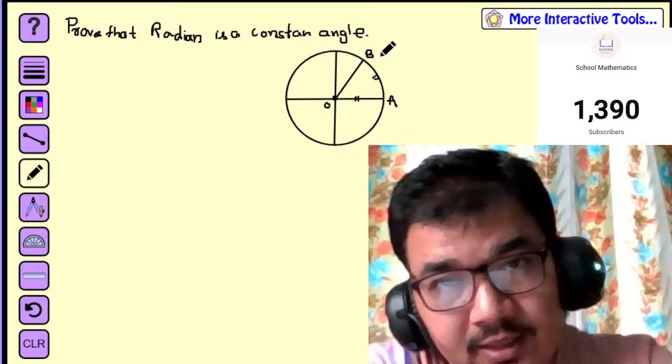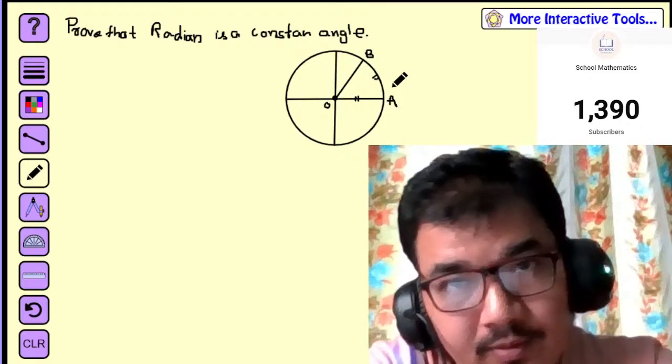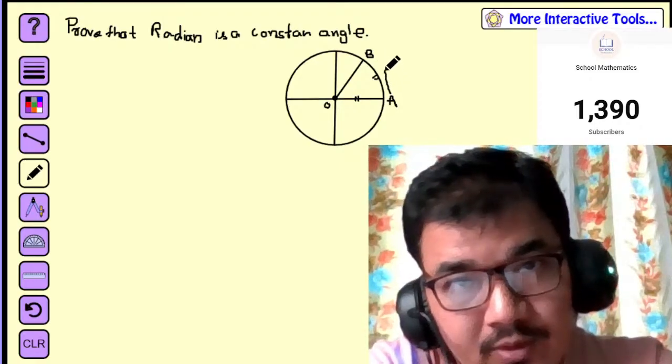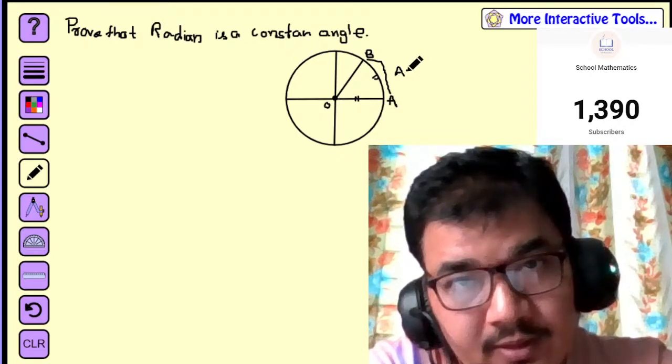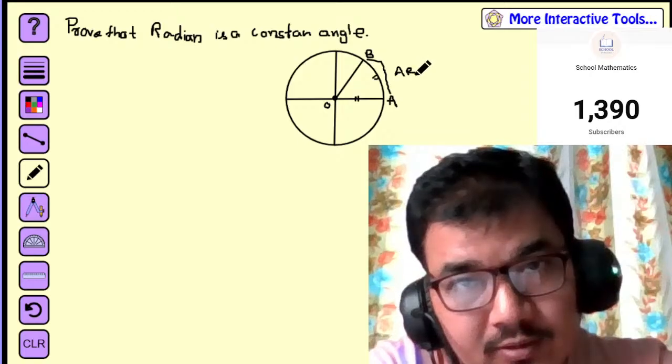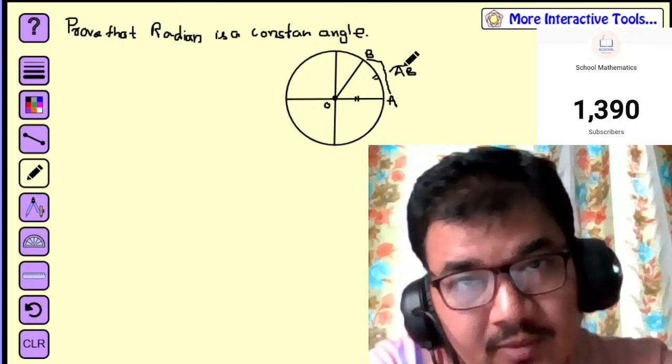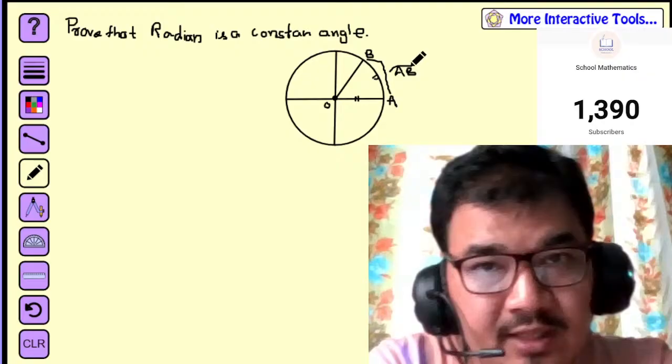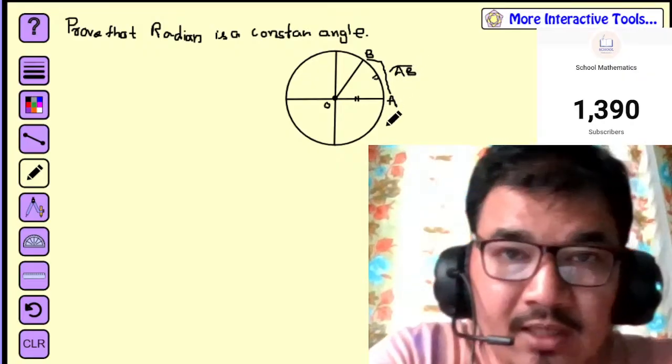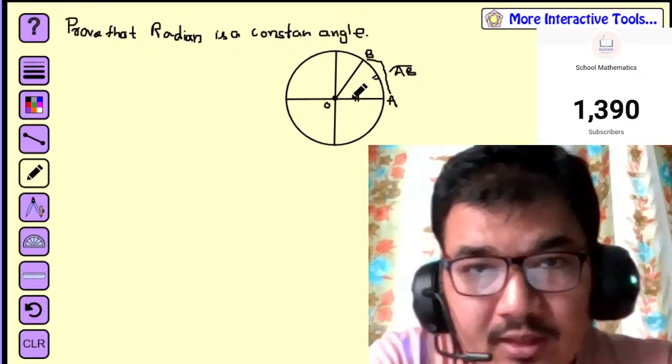From A to B, this is the arc length. This arc AB we write like this, with a cap over AB, arc AB.